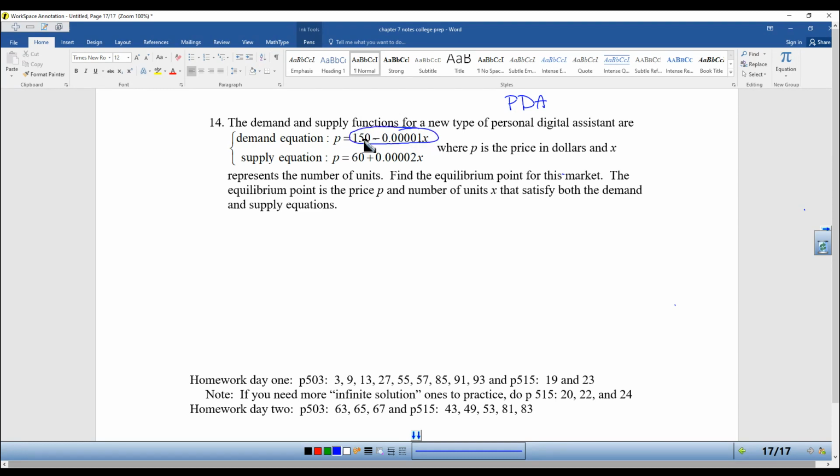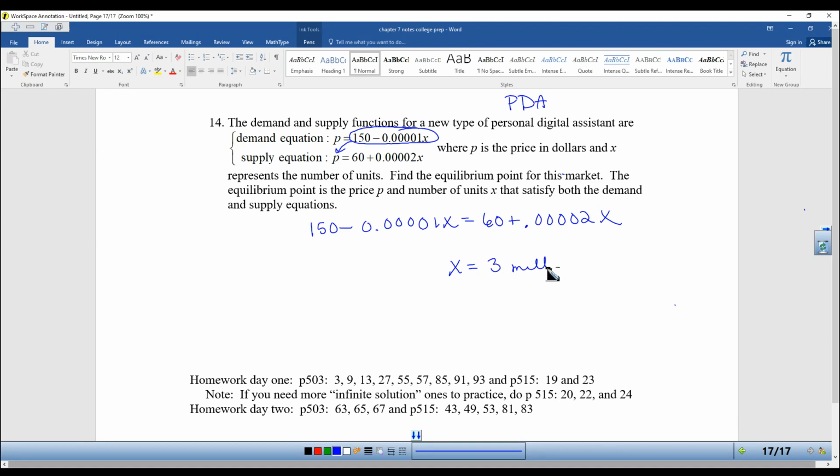I'm going to have this go right in there for P. So 150 minus 0. And honestly, the only place people go wrong on this problem is the number of zeros. 1, 2, 3, 4. 1, 2, 3, 4, 1. X is equal to 60 plus 1, 2, 3, again, just 4. 0.12342 X. And this is very straightforward algebra, so I'm not going to torture you with doing it out.